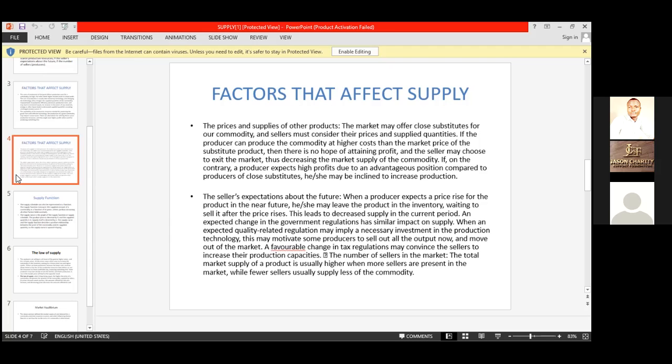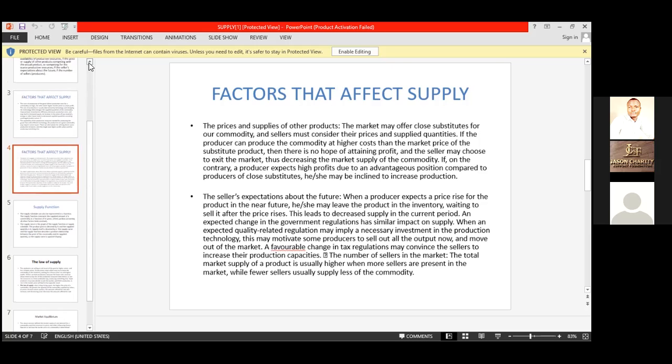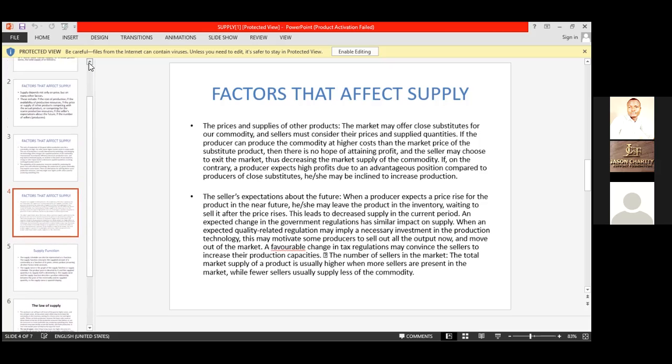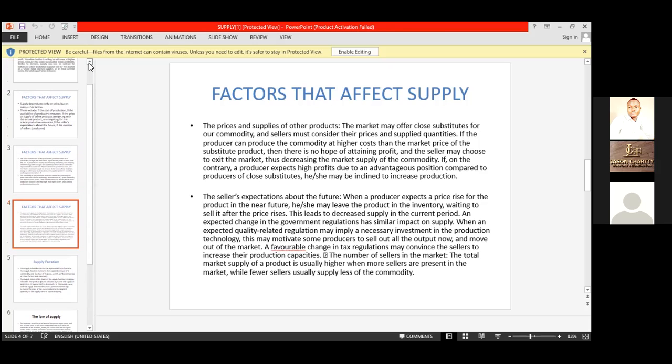There are some inputs that might be scarce in the market that you won't be able to get in order to produce. There are alternatives for utilizing these scarce productive resources, and they might earn higher profits when used for producing something else.